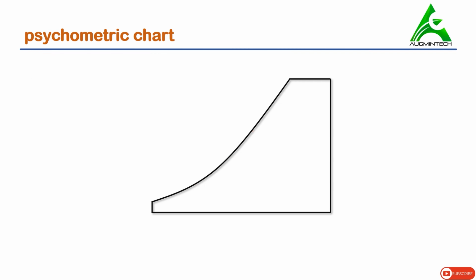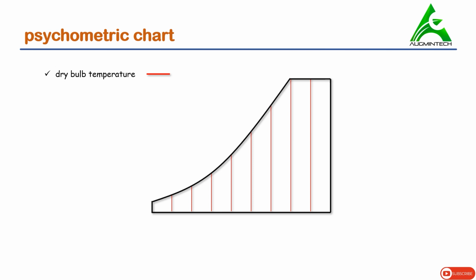Now it's time to summarize all the parameters of psychrometric chart. Keep in mind that with enough practice, it becomes easier and less time consuming to find values from psychrometric chart. So this is how dry bulb temperature lines look like.